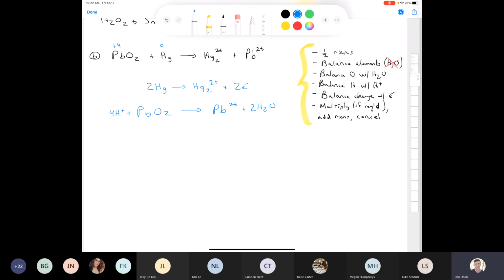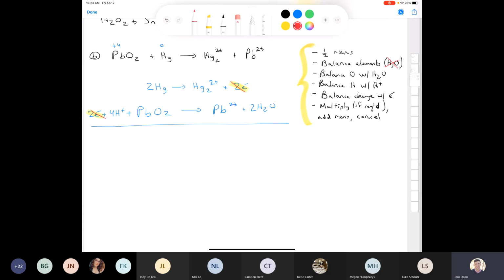Now we need to balance the charge. Over here I have +4. Over here I have +2. So that means I need to add 2 electrons to the reactant side. So 2 electrons over here. And you can see that I have 2 electrons here and 2 electrons here. So I can tally up these reactions with no multiplying. So the 2 electrons cancel. Nothing else is going to cancel.